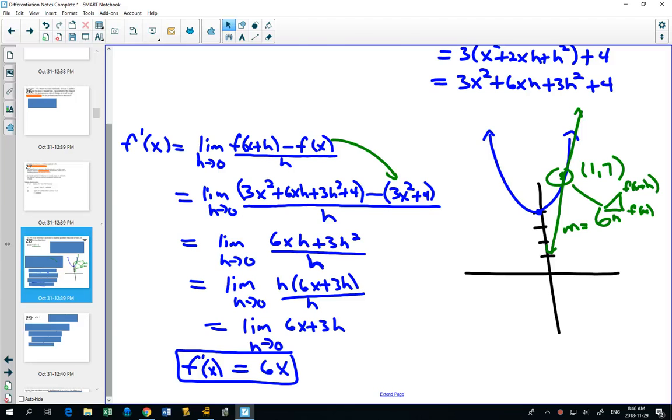For example, the vertex is a really easy one to see that it should be a horizontal line. The slope of a horizontal line would be 0. Plug in 0 for x, and sure enough, 6 times 0 would be 0. Take another point. If you plugged in -2, you would get in the original equation (-2, 16).